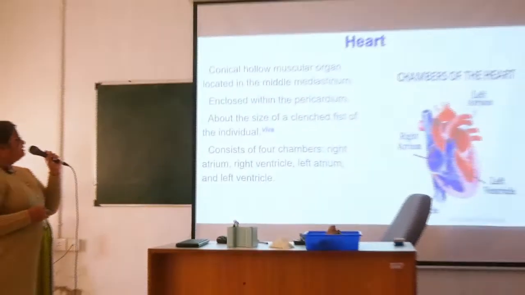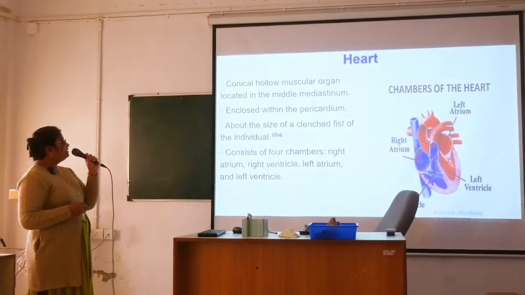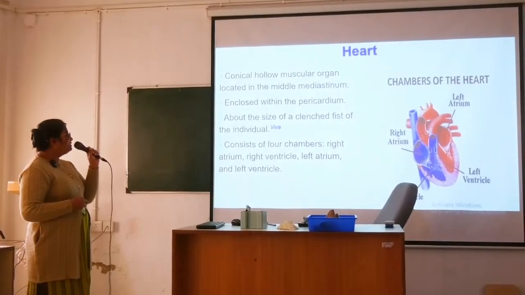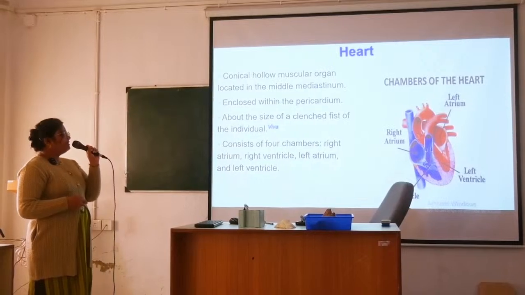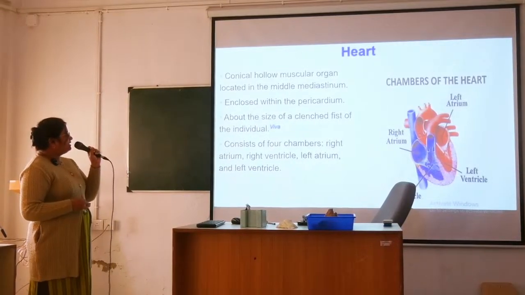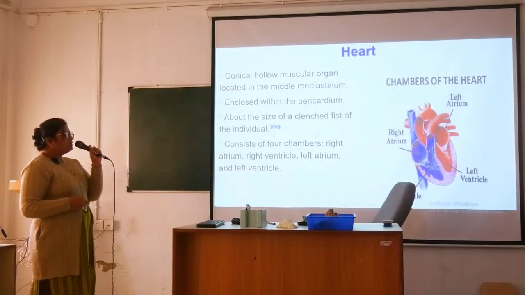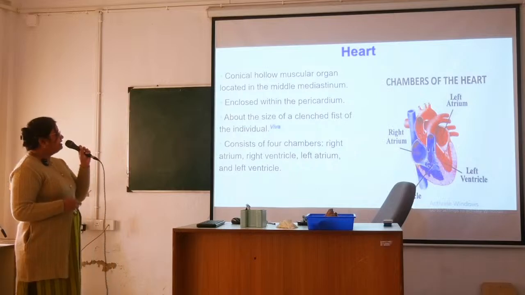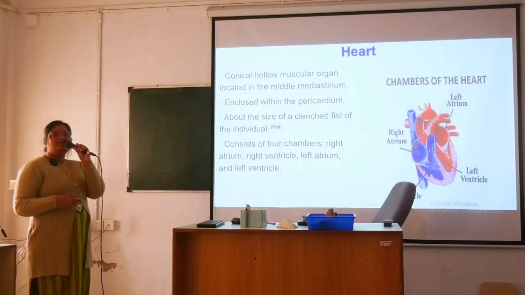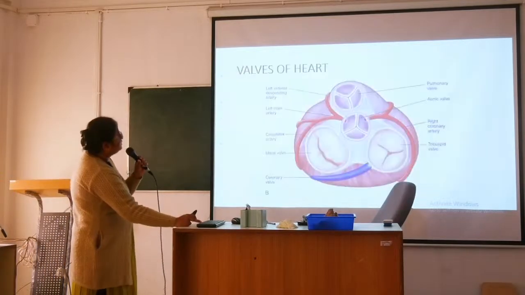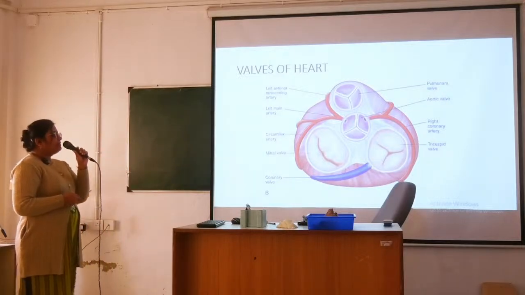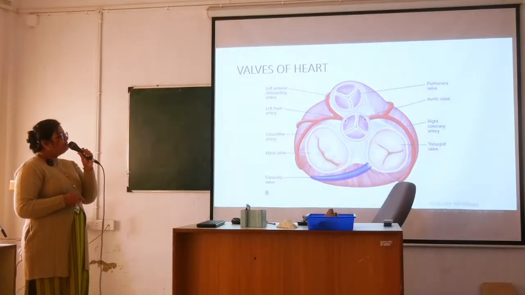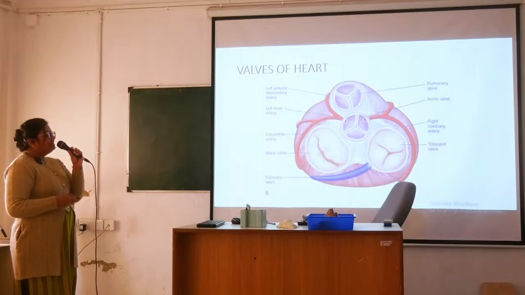Okay, so it is about the size of the clenched fist of the individual, and it consists of 4 chambers: right atrium, right ventricle, left atrium, and left ventricle. Today we will learn about the interior of these 4 chambers. These are the 4 valves. This is the mitral valve, bicuspid valve, 2 cusps are present.